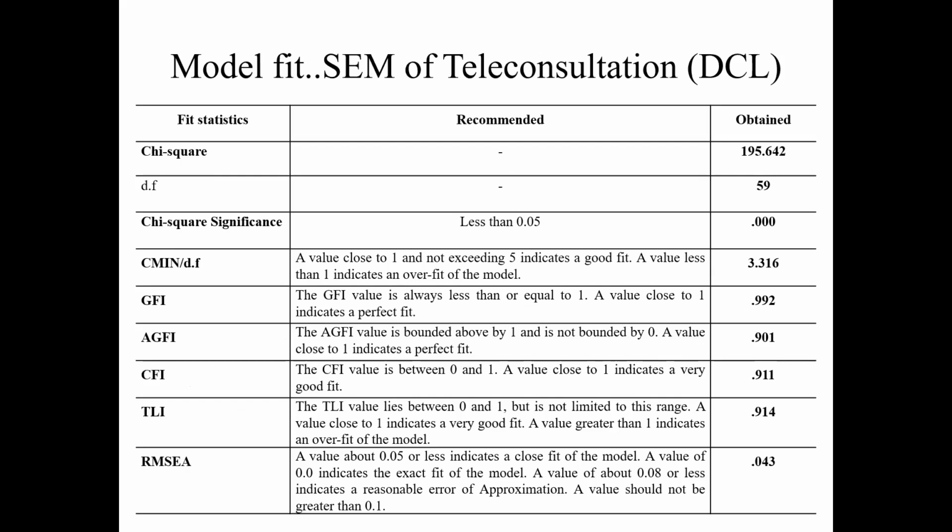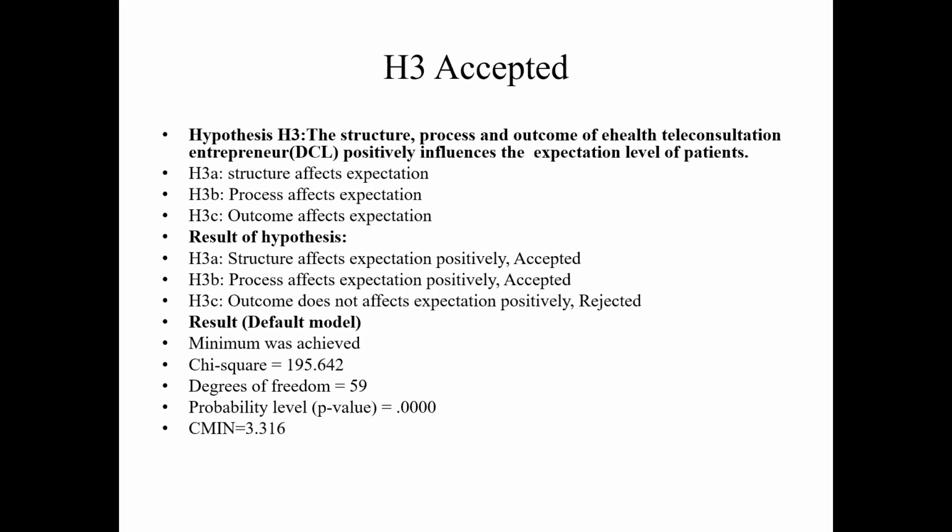And chi-square value is 195.642 and degree of freedom is 59. So the result of hypothesis is: structure affects expectation positively, it is accepted. Process affects expectation positively, it is accepted.